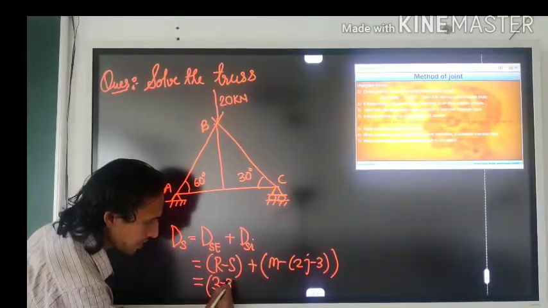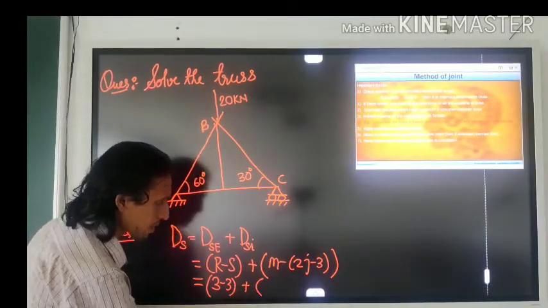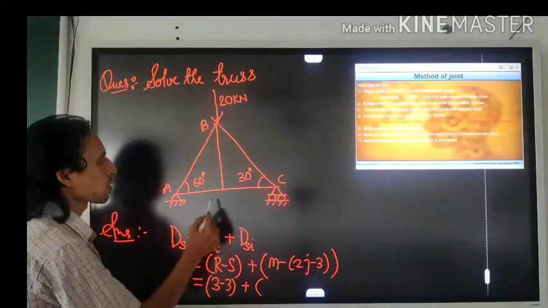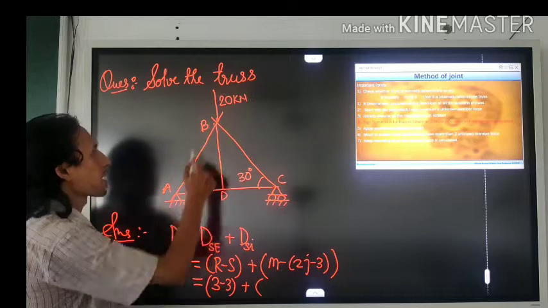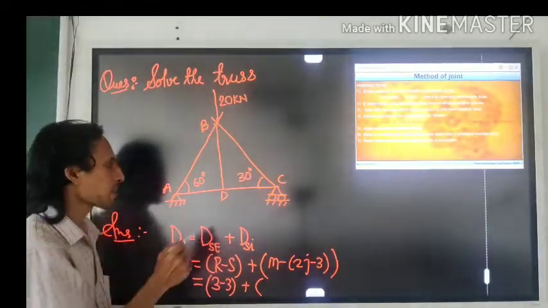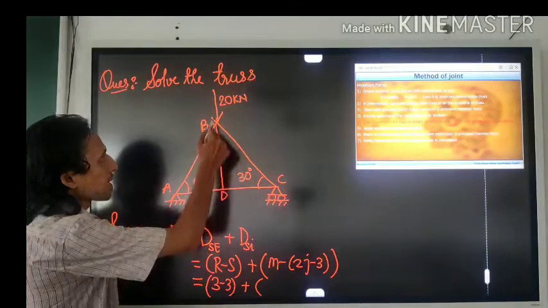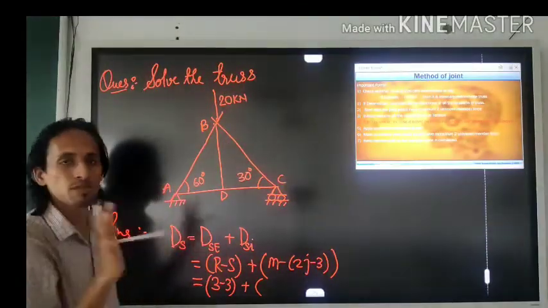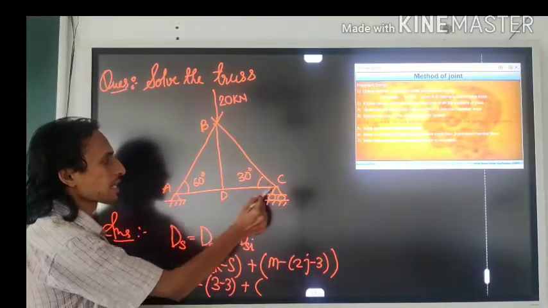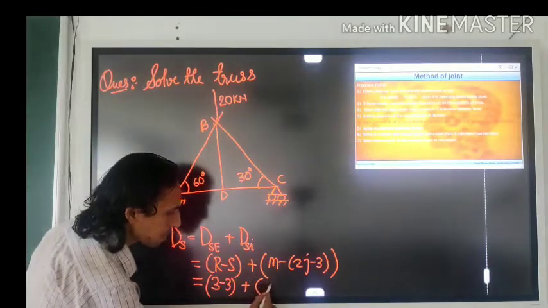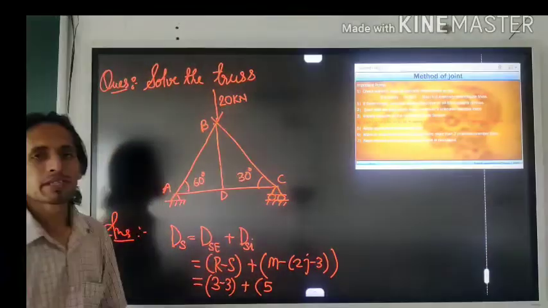So you write here 3 plus M, and how many members are in the truss? Let us say AB is one member, BC is another member, BD is the third member, AD is the fourth member, and DC is the fifth member. So there are a total of 5 members.